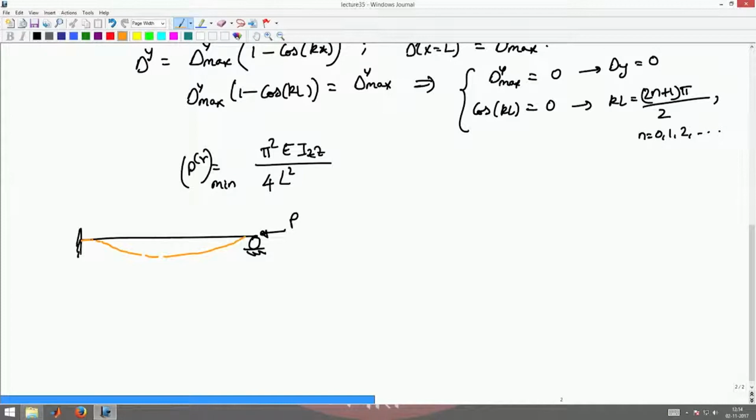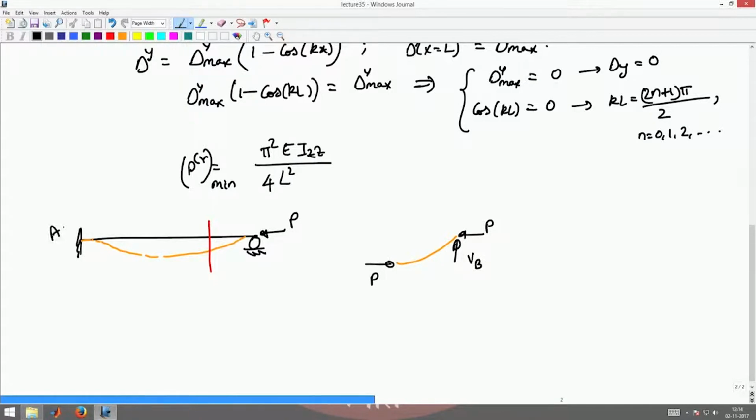Okay. So, I have a P applied. Now, I cut the beam here as before and draw the free body diagram. I have a P here, and I have a vertical reaction force VB.